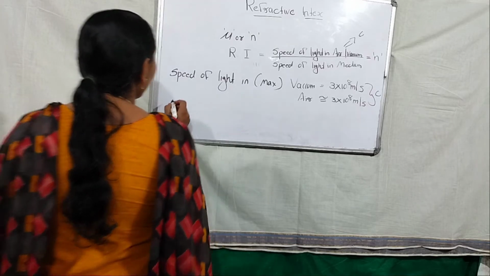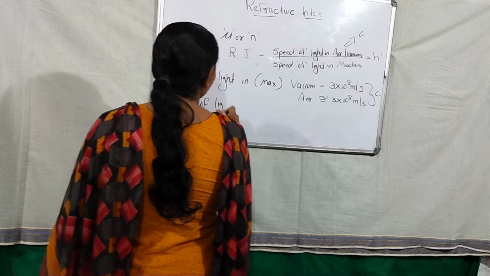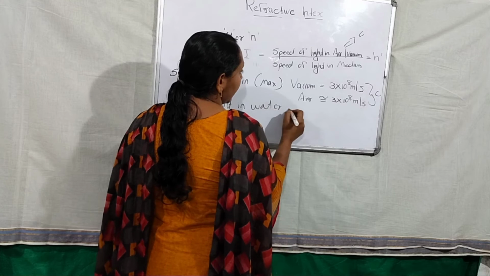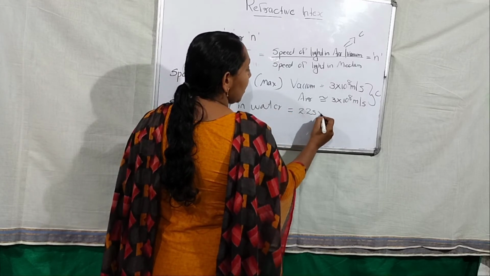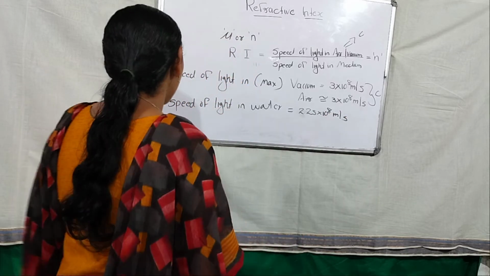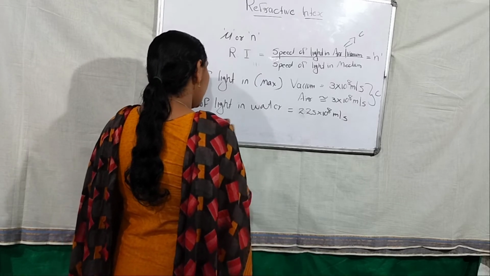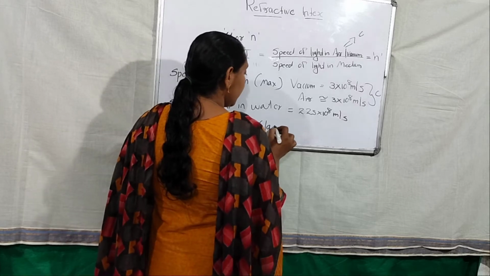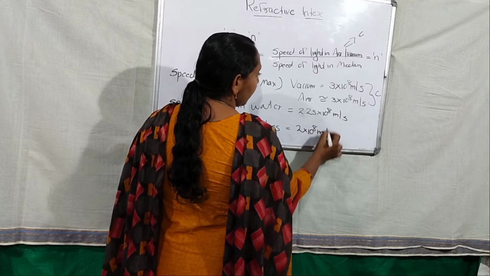Speed of light in liquid, that means water, is 2.25 into 10 raised to 8 meter per second. In the same way, speed of light in glass, that means solids, is 2 into 10 raised to 8 meter per second.